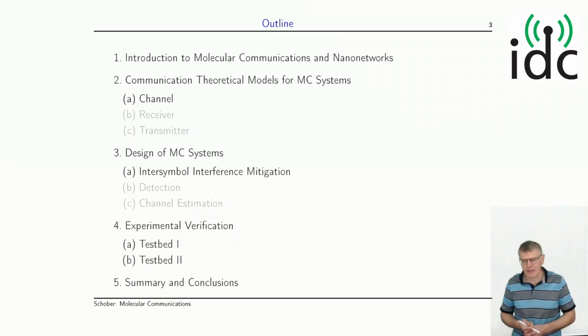Then we will look at a concrete communication design problem, and this is in particular intersymbol interference mitigation. And we will see how nature basically deals with this issue and see how we can harness these natural ways of interference mitigation in synthetic molecular communication systems.